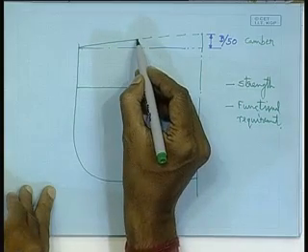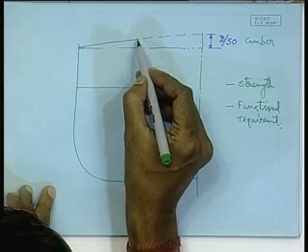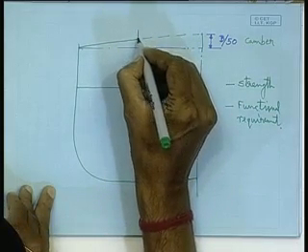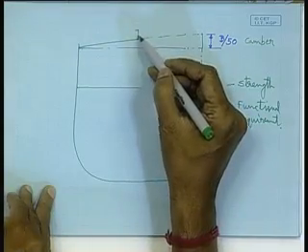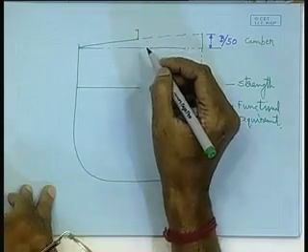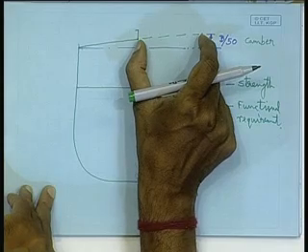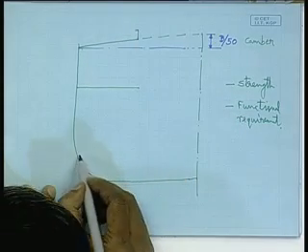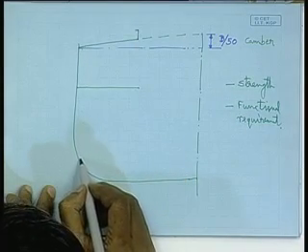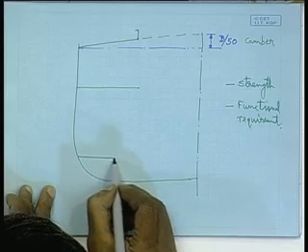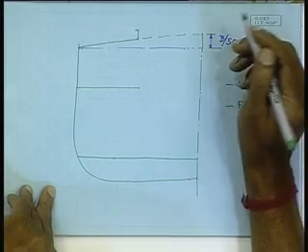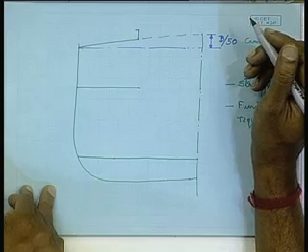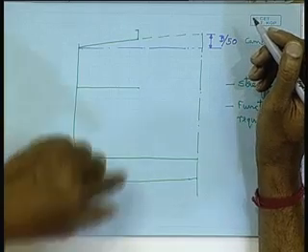the main deck is drawn. If there is a hatch opening, you draw it showing this particular line I have drawn, that is the hatch coaming, that means there is a hatch opening here. And then immediately you draw the inner bottom plating, because all ocean-going ships have a double bottom.